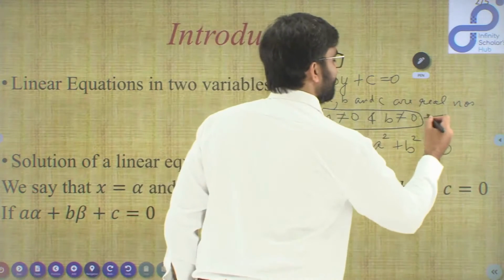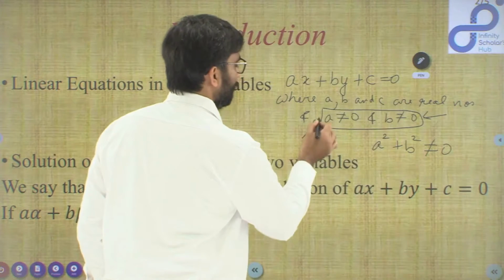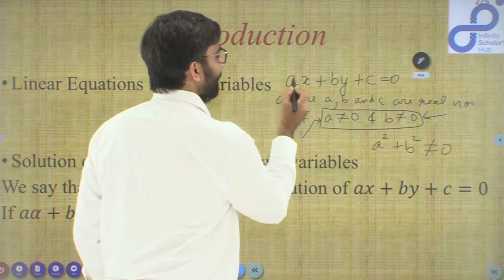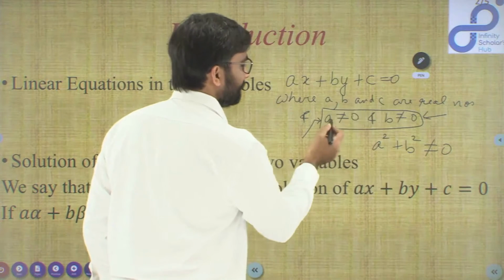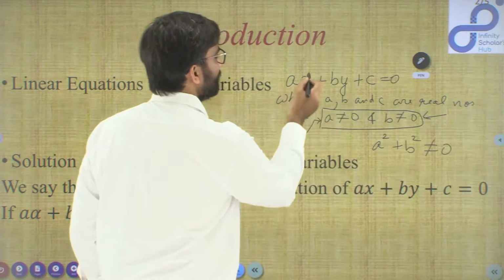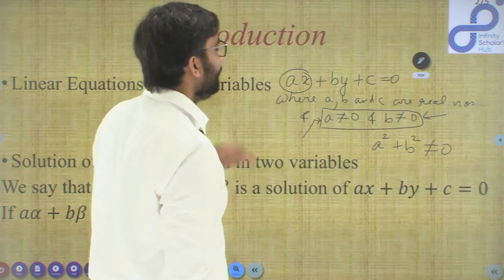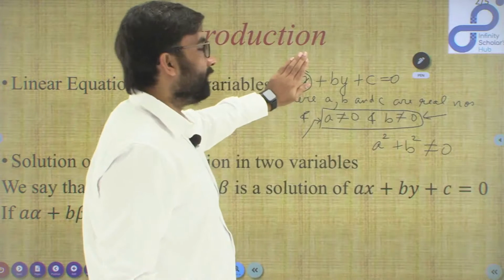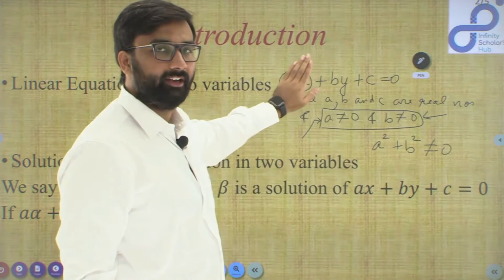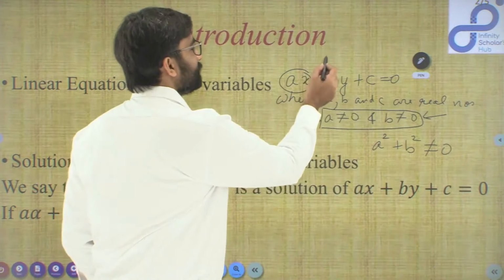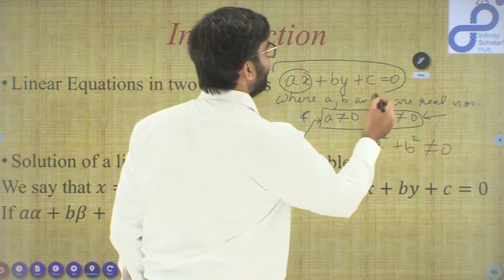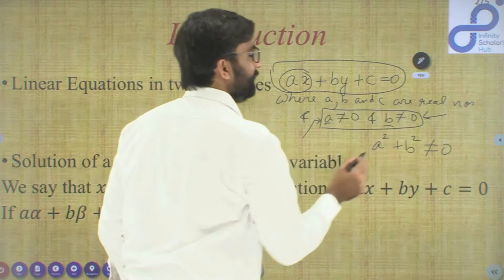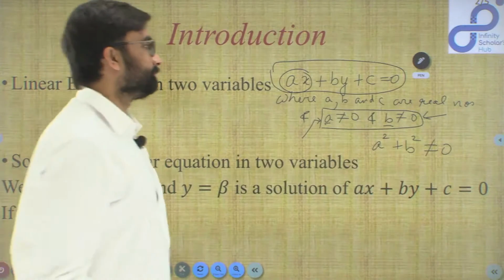Let's consider this simple case: if I put a equals 0, this whole term will become 0, right? And the remaining equation will no more remain a linear equation in two variables. So for this equation to be a linear equation in two variables, your a as well as your b should not be equal to 0.